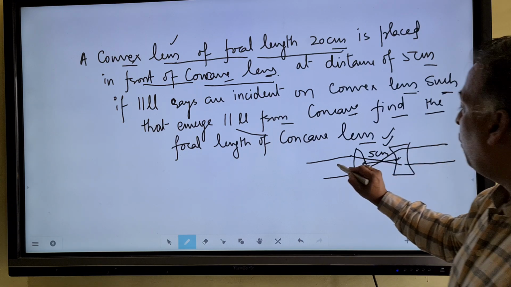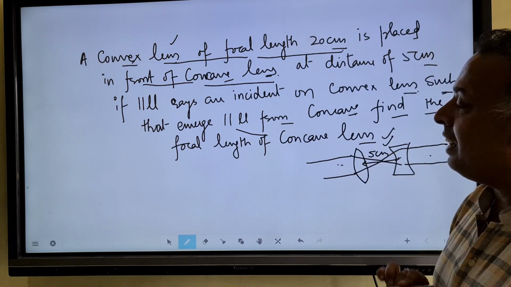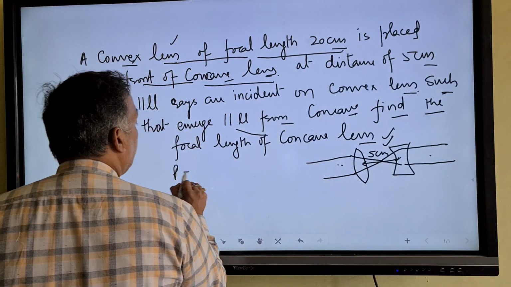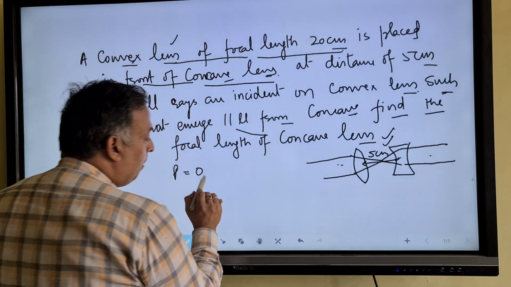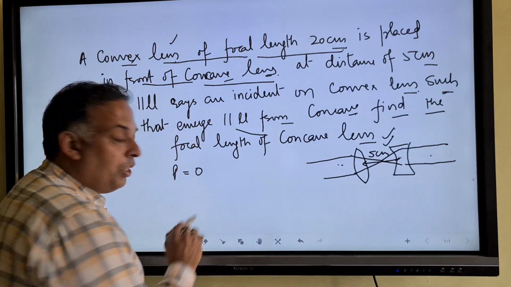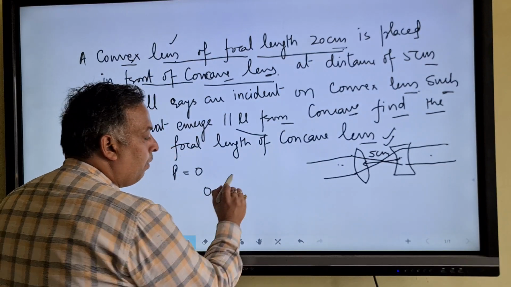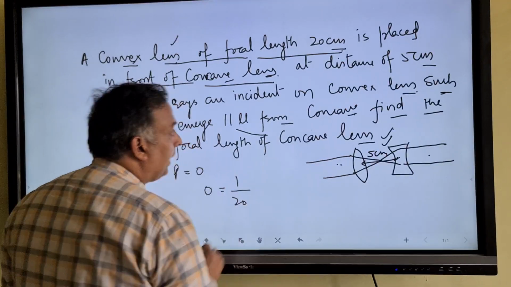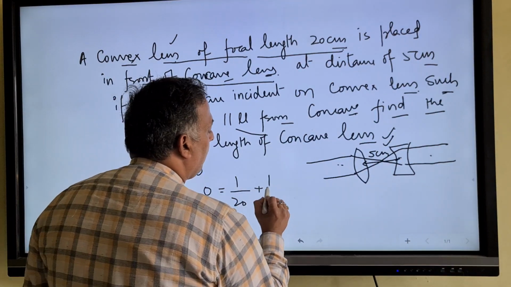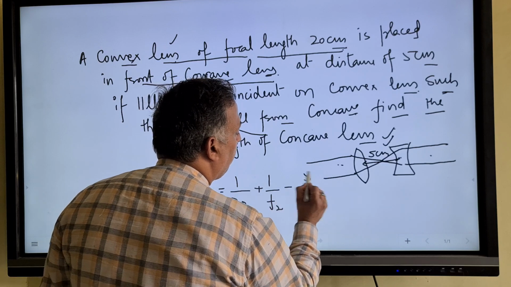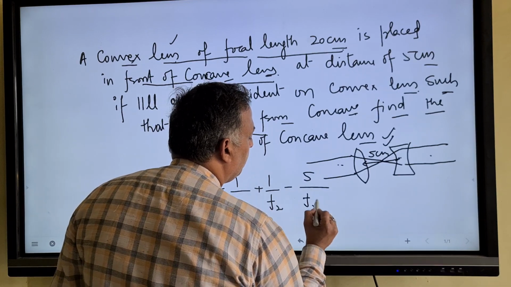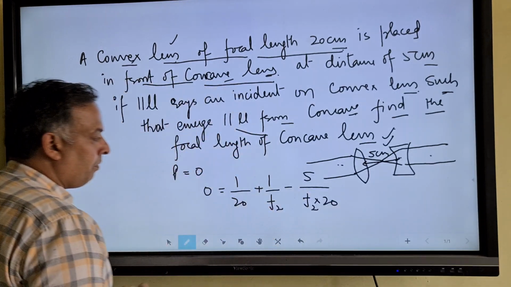This means no change in focal length. It behaves as if the power is 0, so 1 by f comes to be 0. Here 1 by f1, this was 20, plus 1 by f2 minus 5 upon f2 into 20 equals 0.